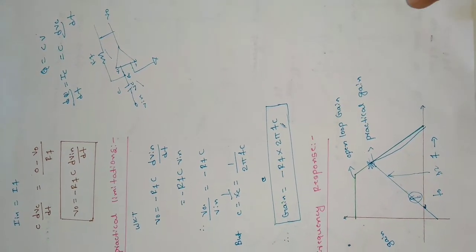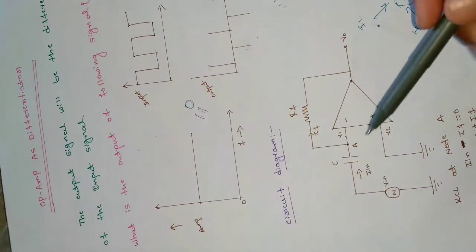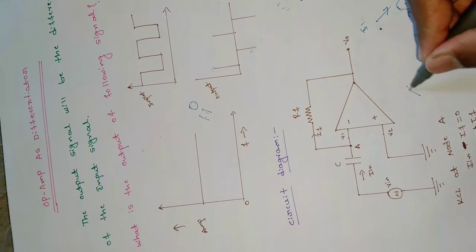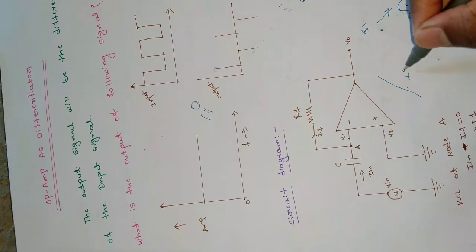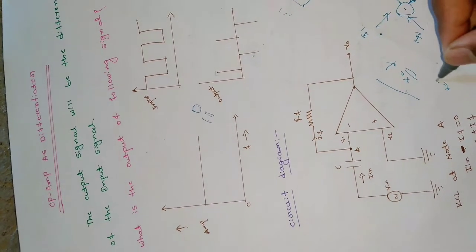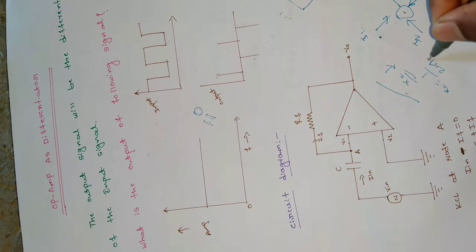The second practical limitation is that we have a capacitor at the input. We know that as the frequency increases, the reactance Xc will go on decreasing, because Xc is equal to 1 divided by 2 pi Fc.